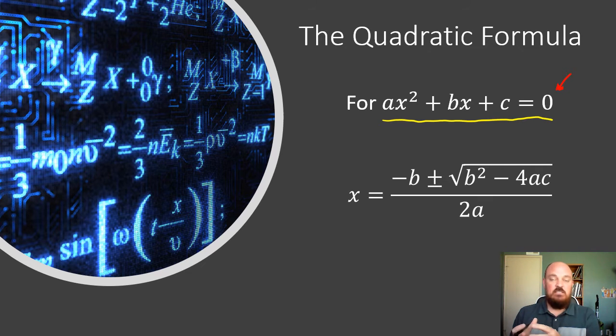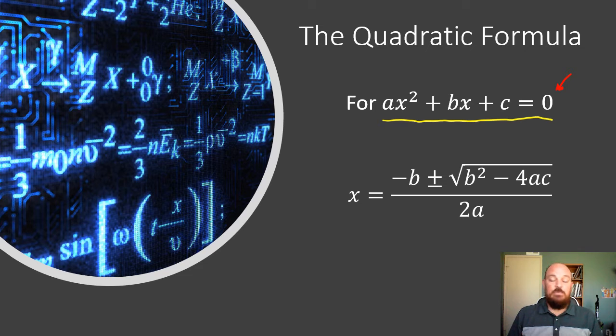If b is a positive number, then yeah, it's negative b. But if b is a negative number, it's negative whatever, and that double negative turns into a positive. So again, instead of negative b, we say the opposite of b, meaning if b is a positive number, make it negative, and if b is a negative number, make it positive.